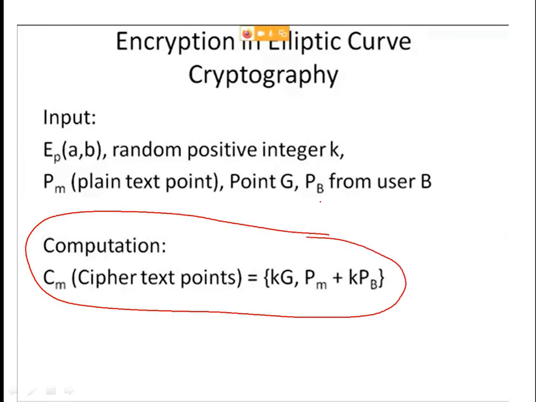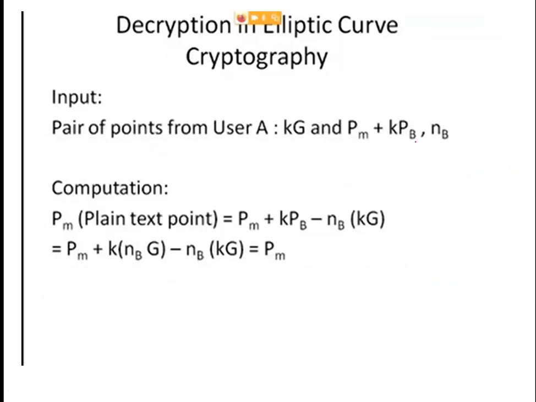Okay. So this happens on the sender side. Then what will the receiver do? The receiver will receive the ciphertext, the pair of values generated in the ciphertext, and then it will calculate and finally give us the plain text.